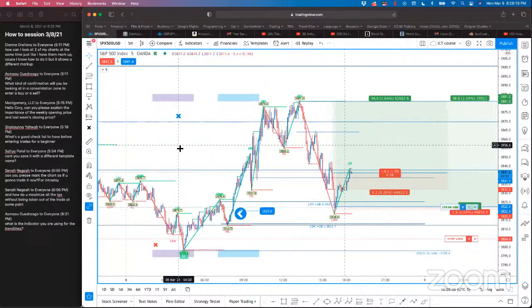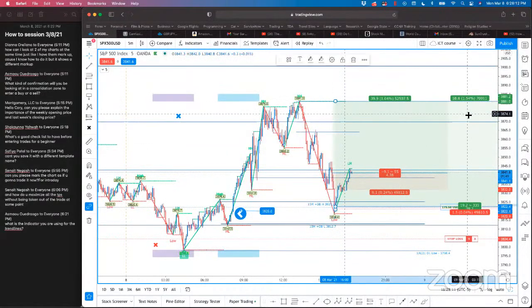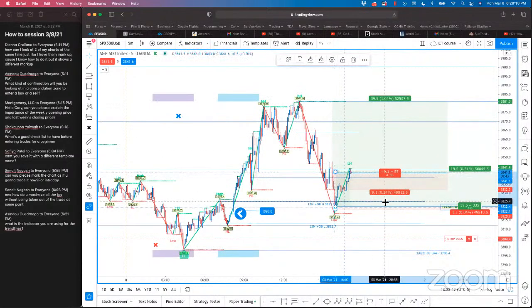So even if I was to close this trade out right now, I'm looking at a 9-to-1 trade already on this, even if I closed it out right now.